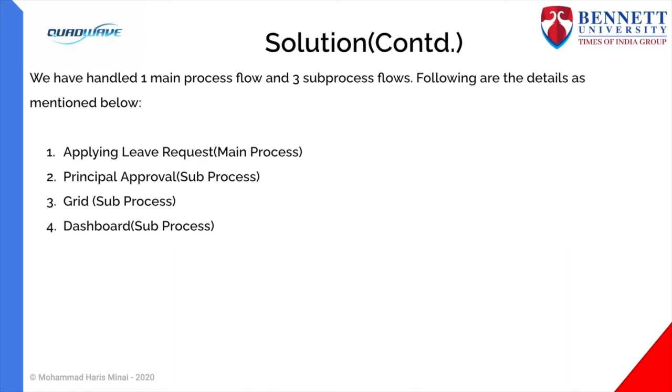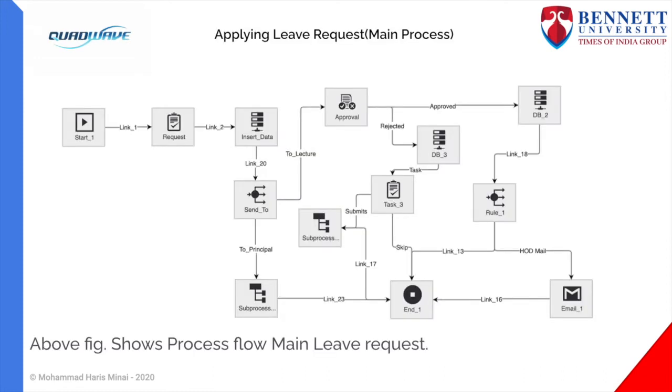We have handled one main process flow and 3 sub process flows. The details are mentioned below. The first one is applying leave request, which is the main process flow, and principal approval, grid list and dashboard are the sub process flows.